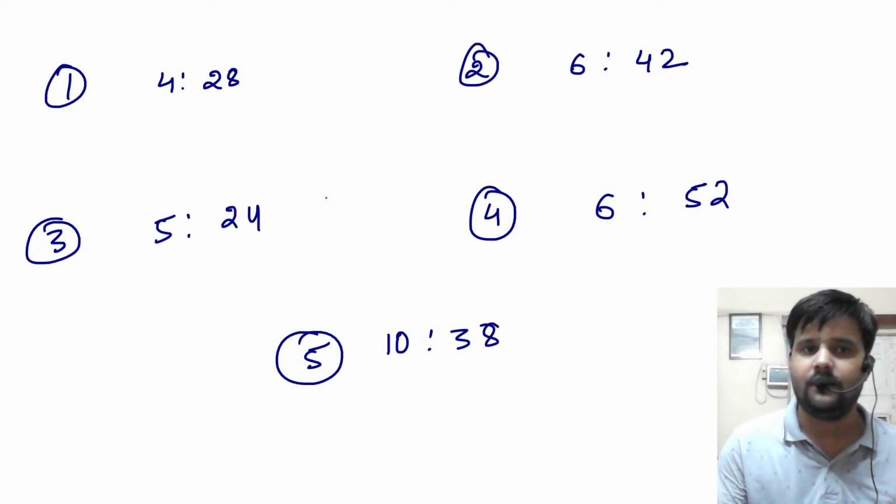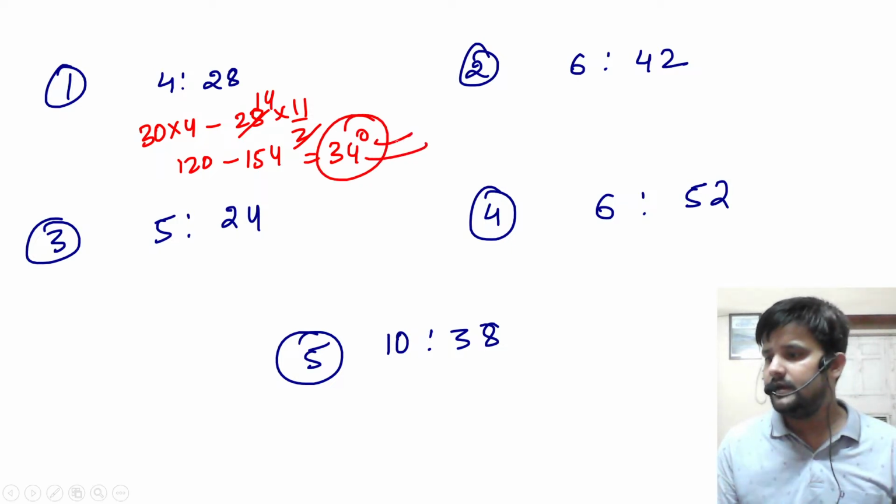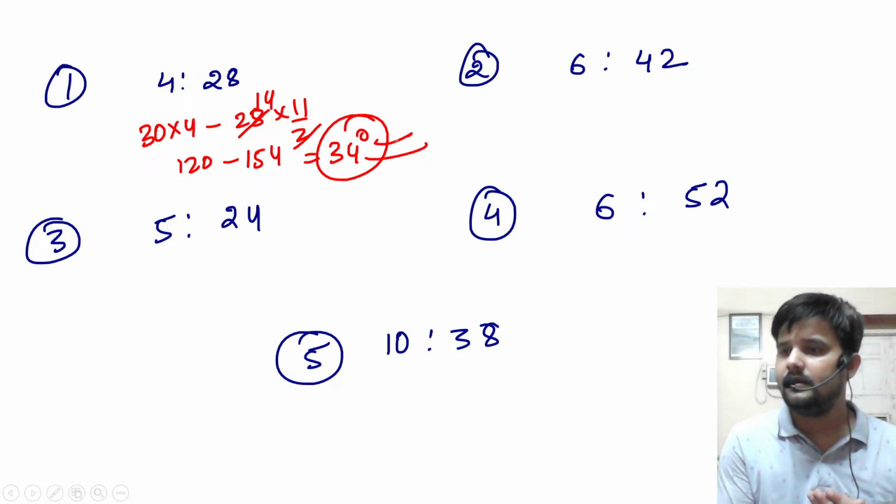Okay, let's verify it. 30 into 4 minus 28 into 11 by 2. So it is 120 minus, it is 14 times 11, which will give you 154. 154 means angle is 34 degree. So yes, Ritik, Devsan, Sumit, the answer is absolutely correct.